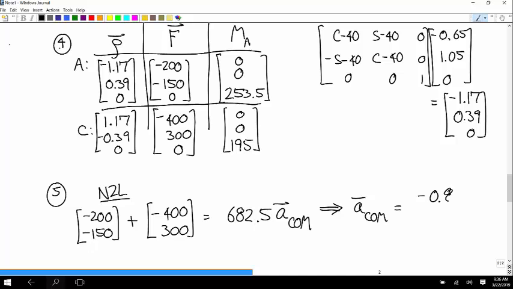Okay. 0, 0.22, and then 0 for Z. Any questions about that?